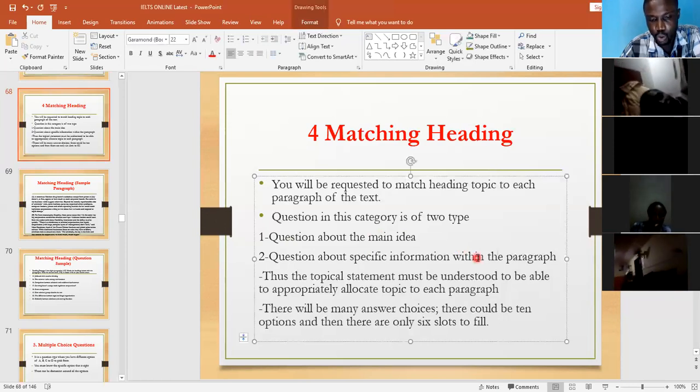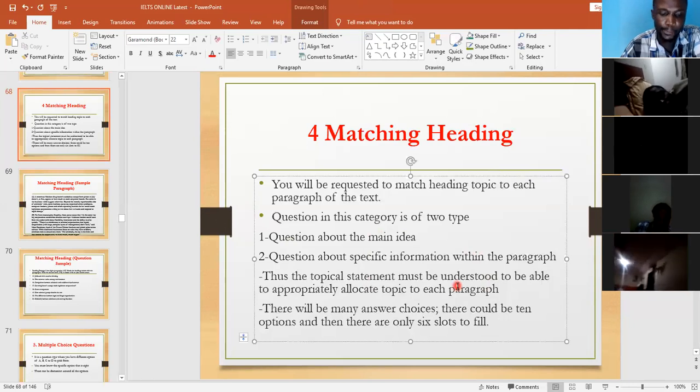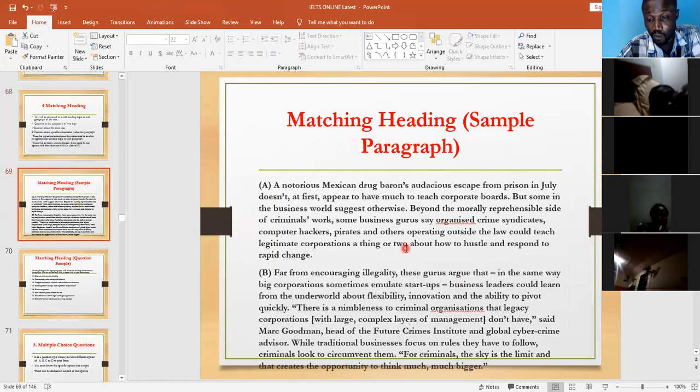That's why I said the topic statement must be understood to be able to appropriately allocate a topic to each paragraph. Now, let me go back to a sample. This is one of the passages, 2 paragraphs out of a passage.